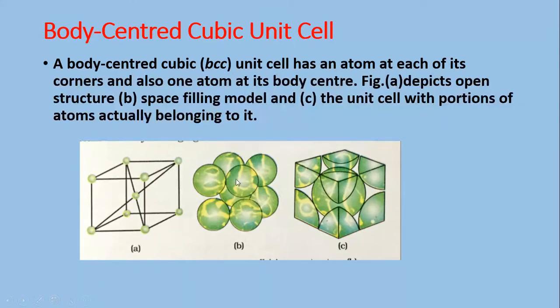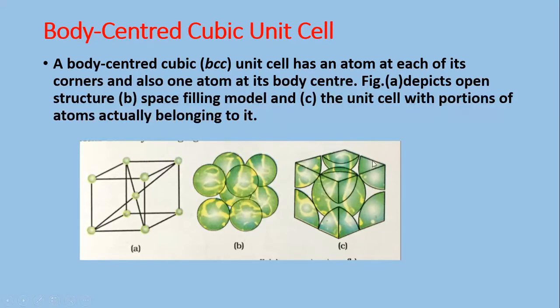Now you can see here the 4 corners, 4 particles. Along with the back side, 1, 2, 3 and 4 are not seen here, because the center one is here. At the center of the body, one particle was there. This is shown here. So the last diagram will be what? The portion of the atoms actually belonging to the unit cell.